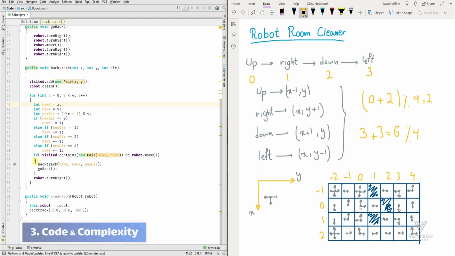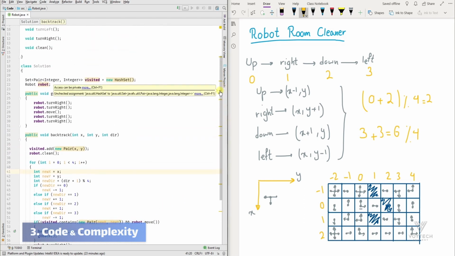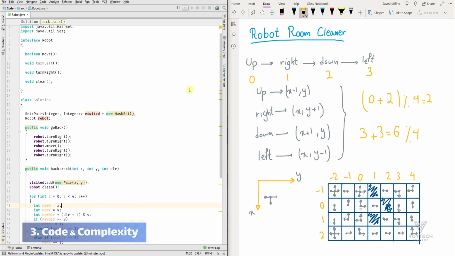Then we have an if statement for robot movement. In this if statement, we check if the next cell with the new x and new y is not in the visited hash set, and also the robot can move there. Again, move is a method in the robot interface that the question gave us, as you can see here.